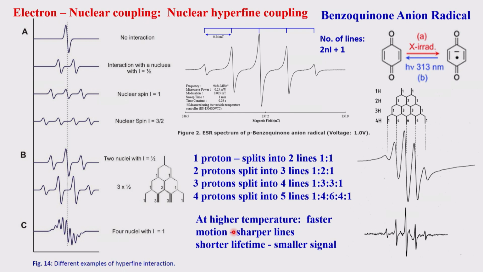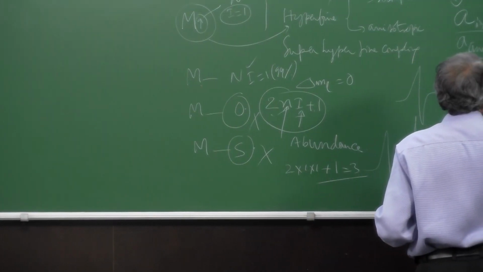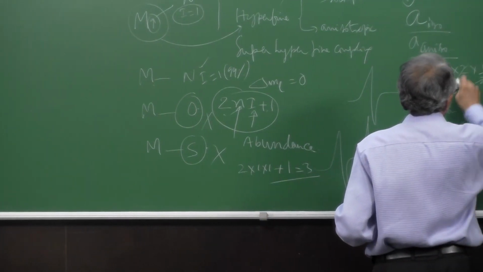Now let's come to the case where you have an unpaired electron connected with two such nuclei with I equal to half. 2 into 2 nuclei into half plus 1, so that will be 3.